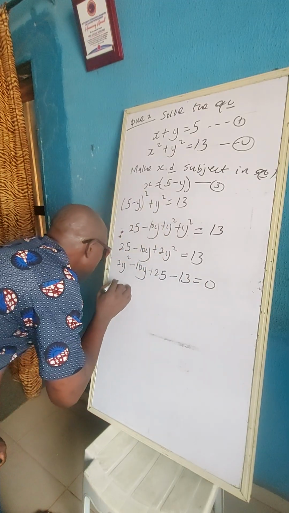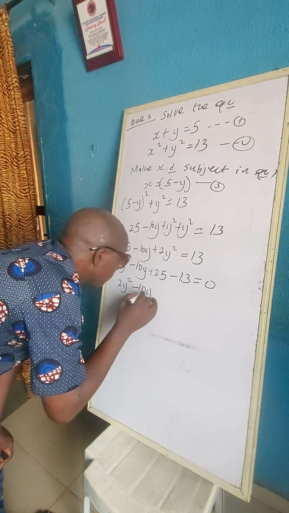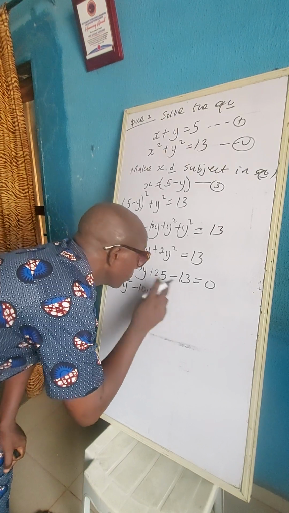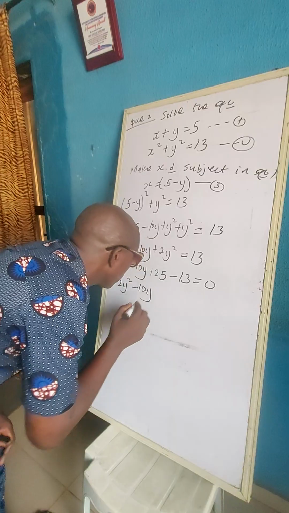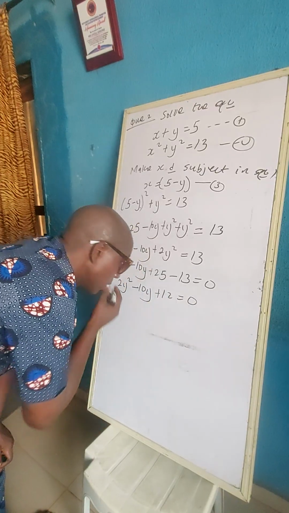It becomes 2y squared minus 10y plus 12 equal to 0.